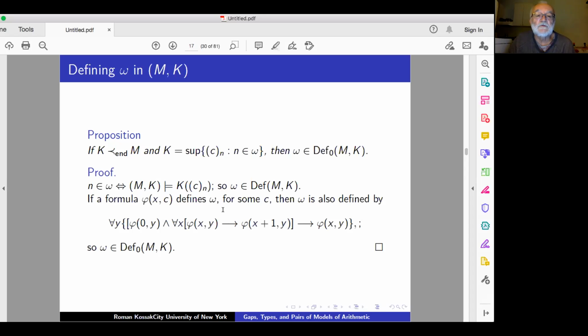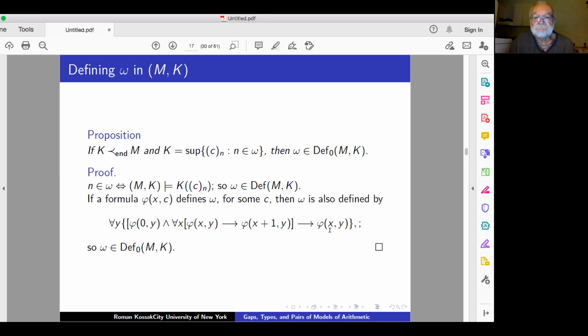It's good to know that every time you have a formula which defines omega with some parameter, there will be a parameter-free formula that also defines omega, because you use the same formula and vary the parameters, and you say that whatever parameter you take, your formula defines a set that's closed under successor, then your element is in that set.